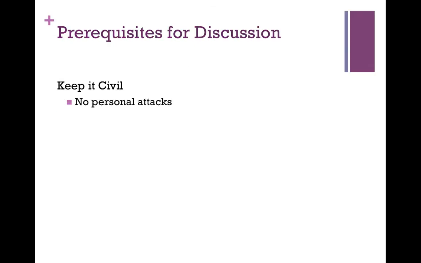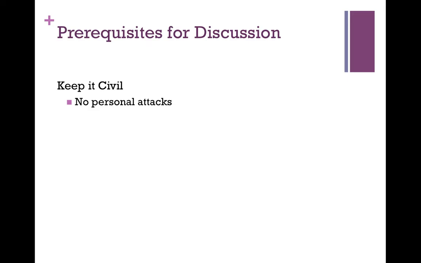The first thing I want to say here is, let's please keep this conversation civil as we move forward. No personal attacks are going to be allowed, especially in your discussion posts. I expect that not everybody in here is going to have the same opinions about the matter, and it's perfectly okay to raise objections and to make criticisms of other people's arguments, of their points of view.